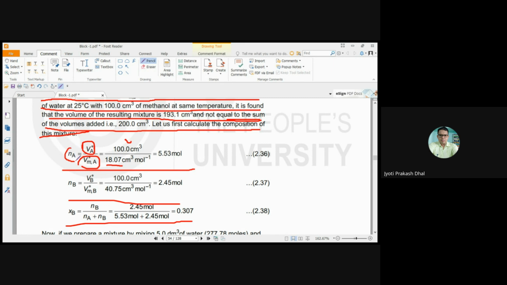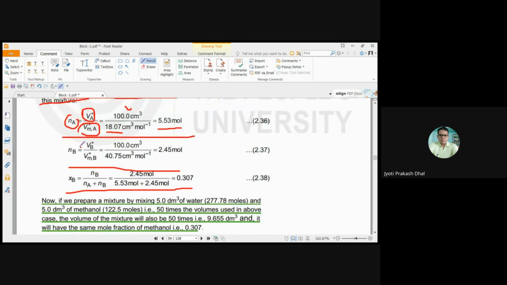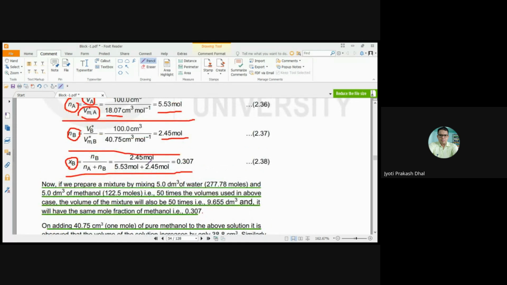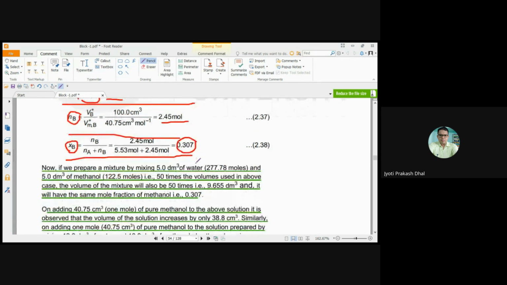So the number of moles of A equals 5.53 moles. Similarly, if you calculate the number of moles of B, it will be 2.45 moles, and the mole fraction of B equals NB by Na plus Nb, that is 2.45 divided by 5.53 plus 2.45. The mole fraction of B is 0.307, and the mole fraction of A is 1 minus 0.307.